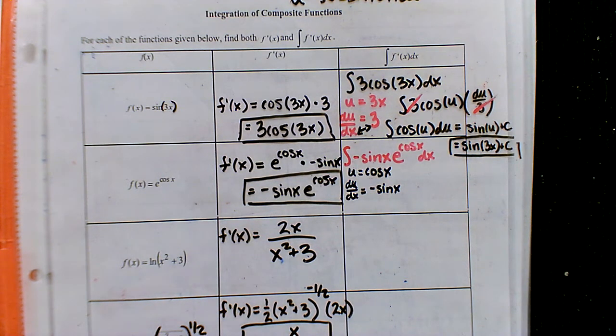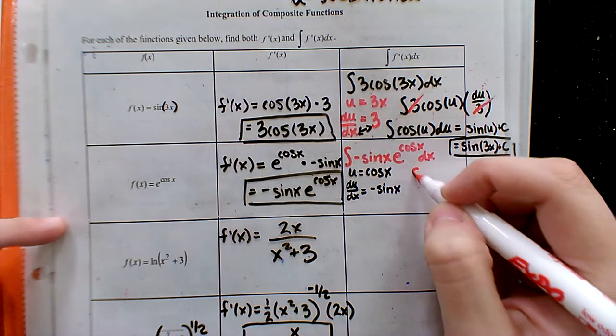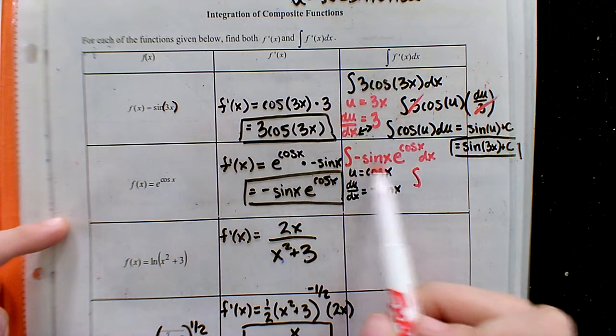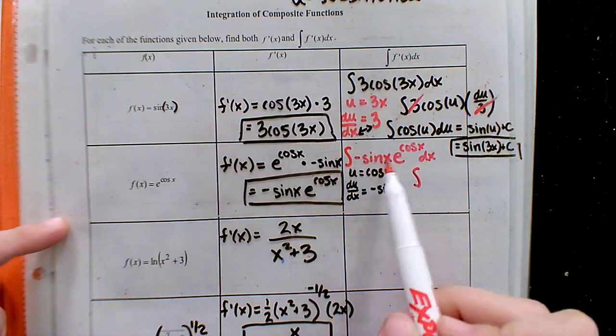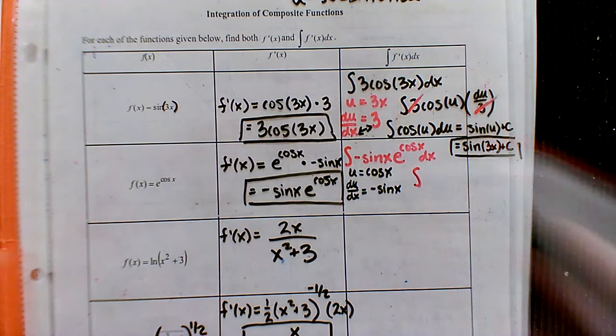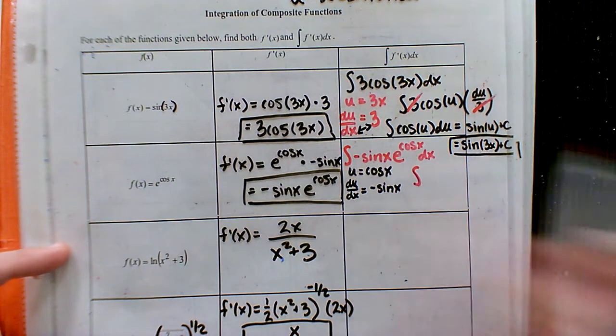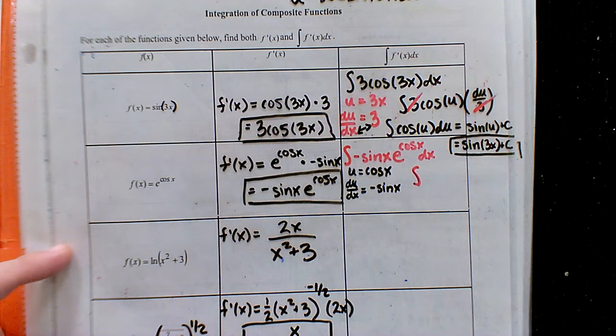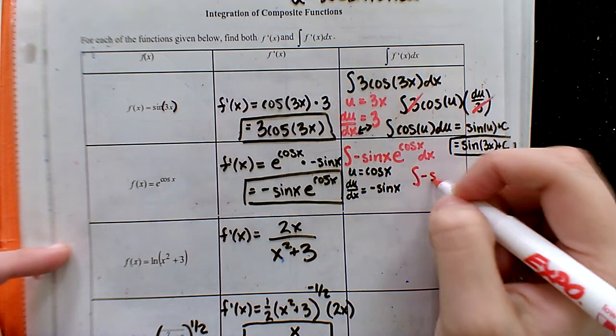So now that we have our u equations, we're going to rewrite the complicated integral with x's in it into an easier integral with u's in it. All right, now I did not do anything with this negative sine of x. The only thing I did was let the cosine of x be u. That was it. So everything else is going to stay the same.